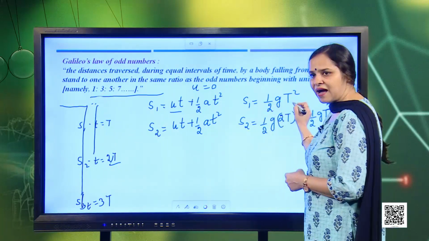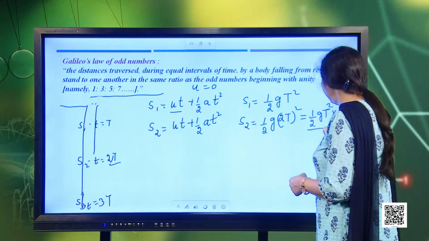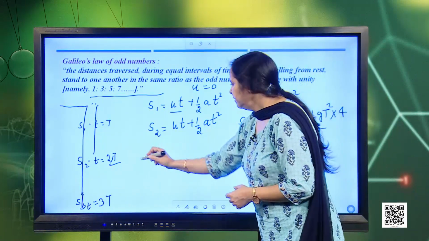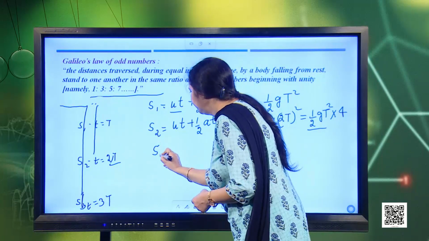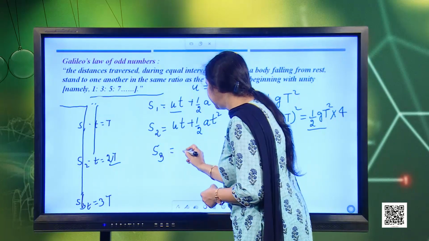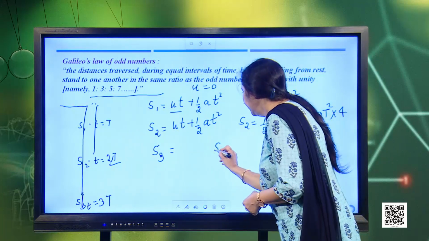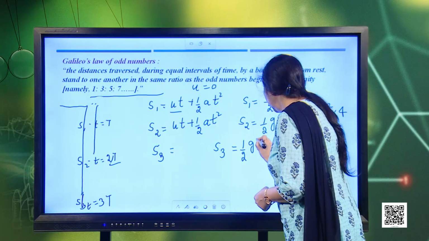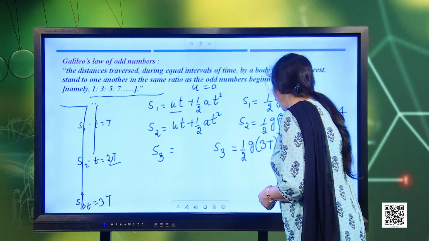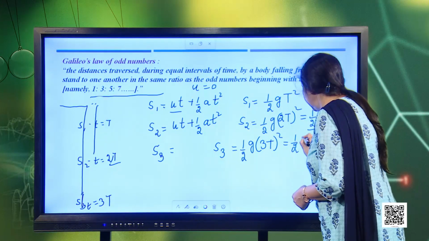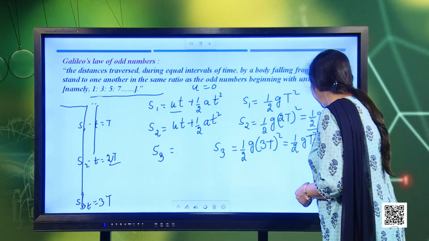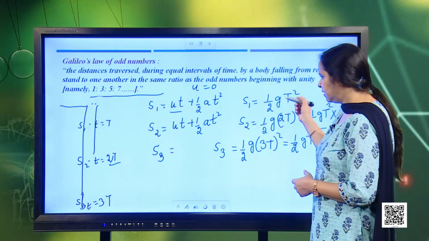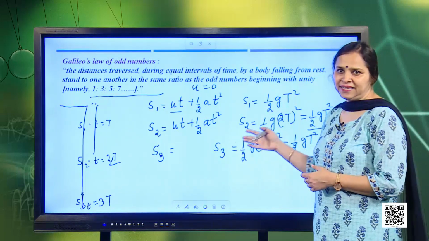So S1 is half g t square, S2 is half g t square into 4. So can I say it is 4 times S1? Similarly, the total distance traveled S3 in total time 3t. Using the same formula we get S3 equal to half g into 3t square, or finally half g t square into 9. So these are the distances traveled in time t, 2t and 3t.